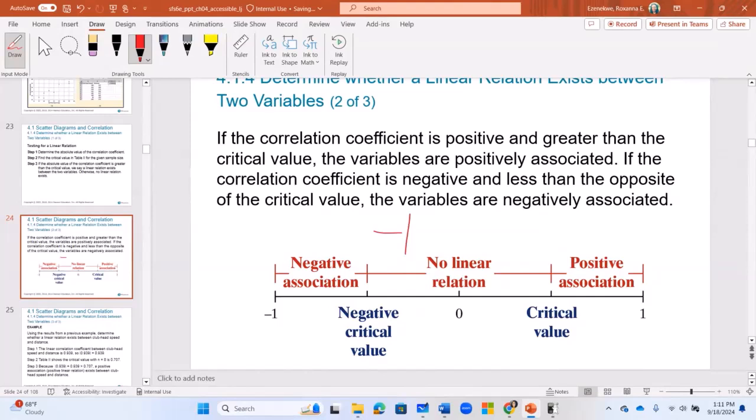In other words, it can be -1, perfect negative linear relationship, or 1, perfect positive linear relationship. It can be 0, no linear relationship. If it is near 0, you can say low negative or moderate negative.